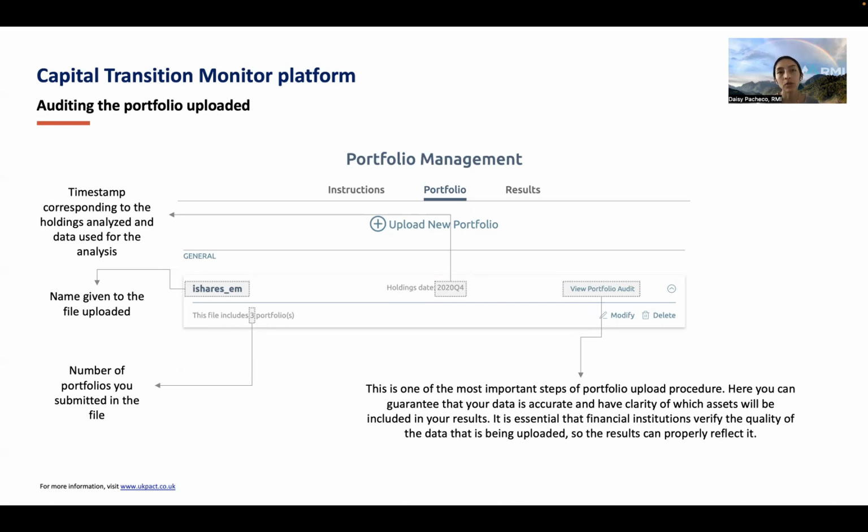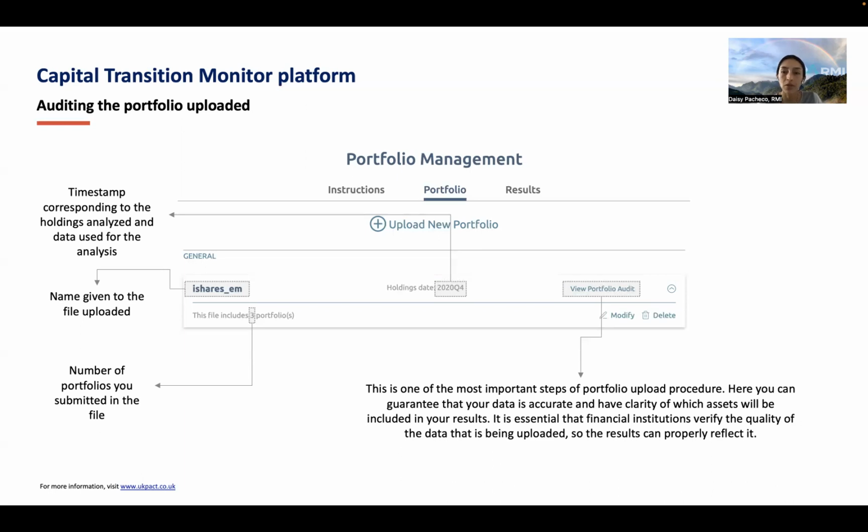And one of the most important things that you will find here is the view portfolio audit that we have here to the right. So if you click on view portfolio audit, you will find what we'll see in the next slide. But what I wanted to reiterate here is that this is one of the most important steps of the portfolio upload procedure. It is important to remember that the online PACTA for Investors tool relies on self-reported information, meaning that your results will reflect the information that you are uploading.